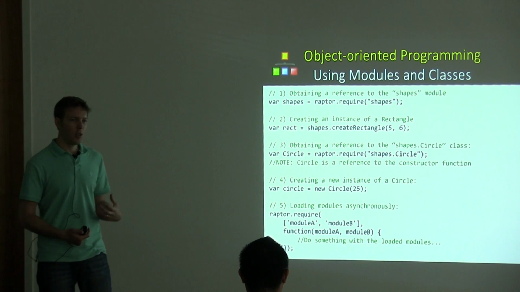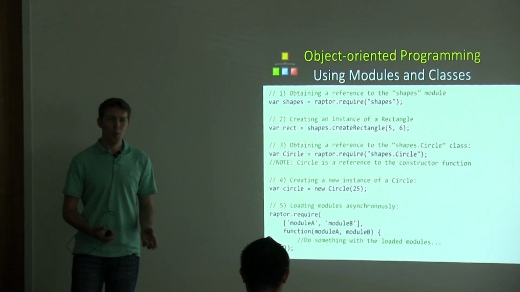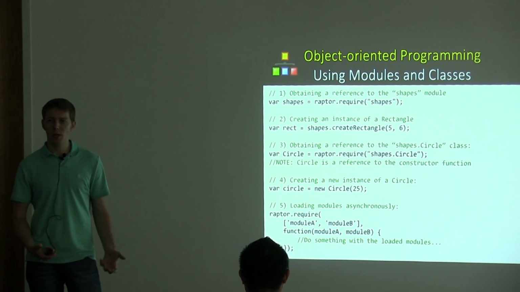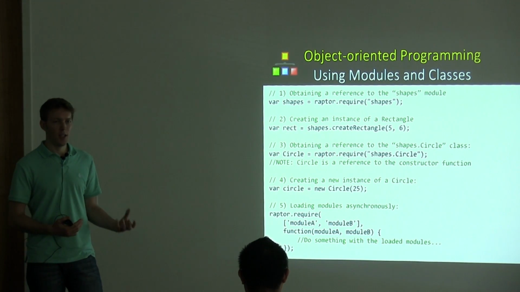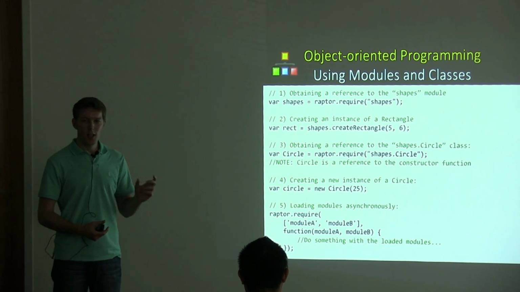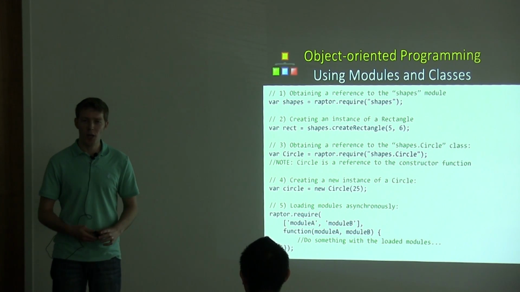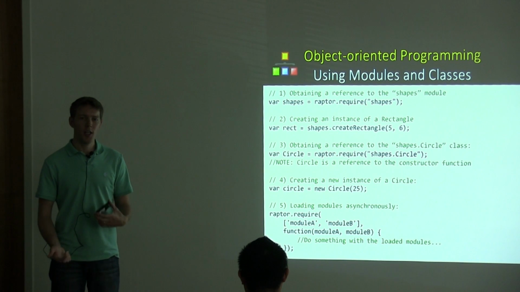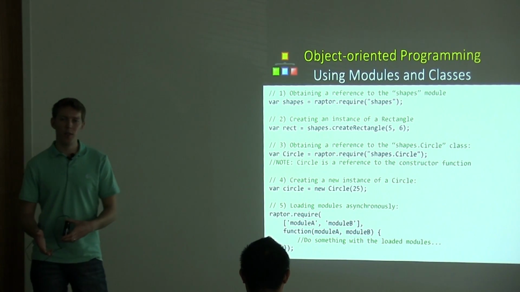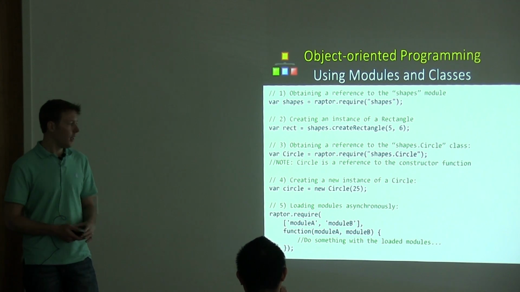In which case, you just change the syntax slightly. You pass it an array of modules that you want to load asynchronously, and then you give it a callback function. Internally, the loader is going to do the same thing, where it looks for the metadata for those modules, figures out what URLs need to be loaded, and then actually downloads all those URLs, and then invokes the callback when everything has been downloaded.